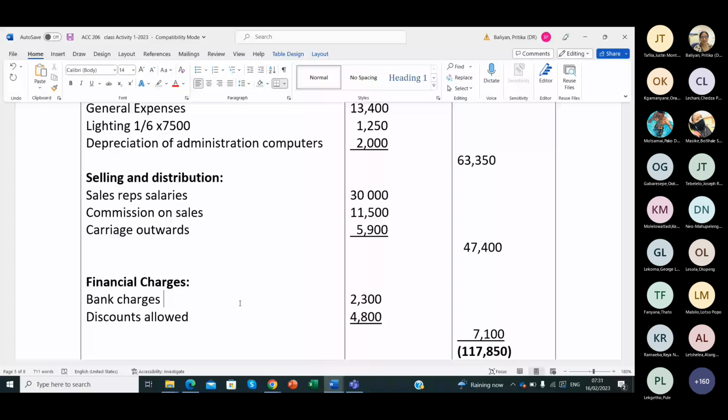Then again you have to check, after classifying the administration expenses, selling, distribution, financial charges, if there is any other expense left which is not yet accounted, then you have to include that.